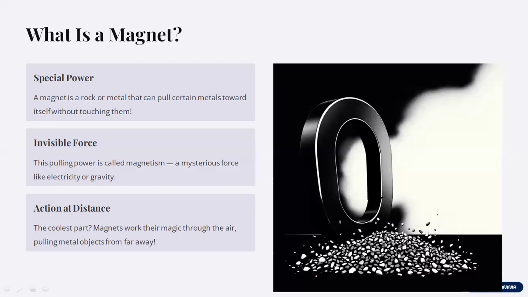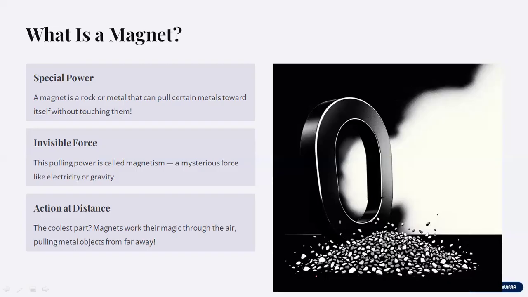One is the earth's gravitational pull, and the other is the magnet. So today we are going to learn about magnetism. There is some invisible force, and the object which has this force is called a magnet. This pulling power is called magnetism, a mysterious force like electricity or gravity.